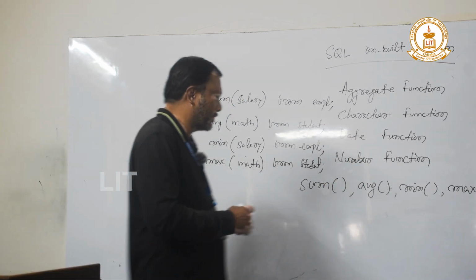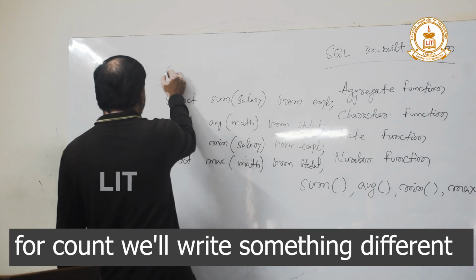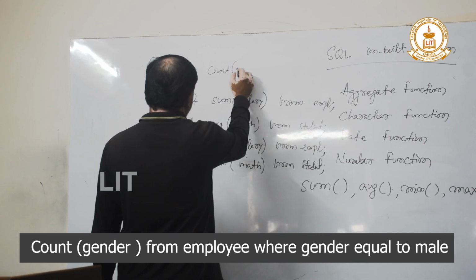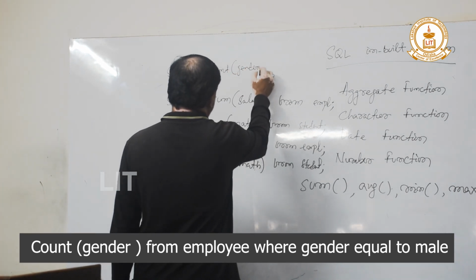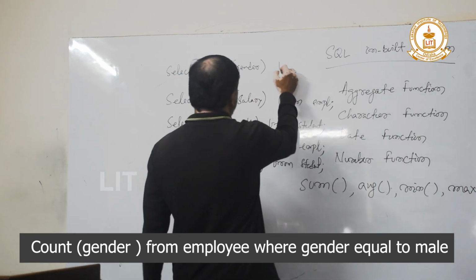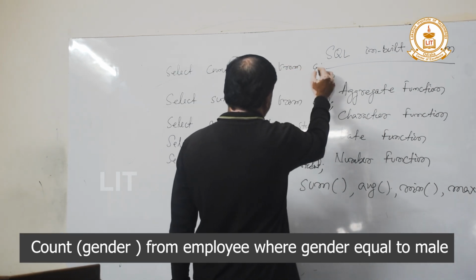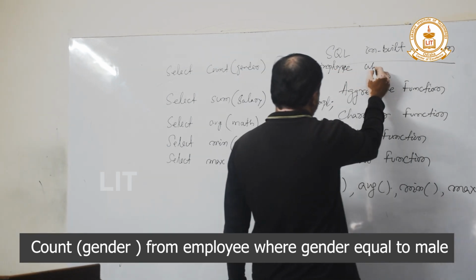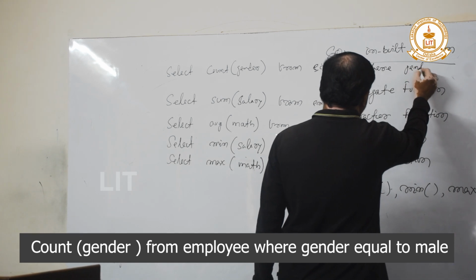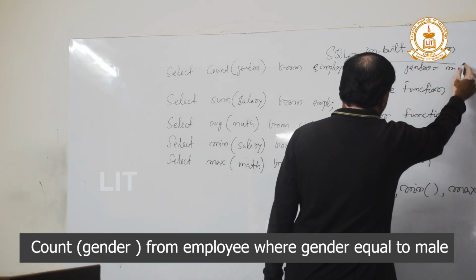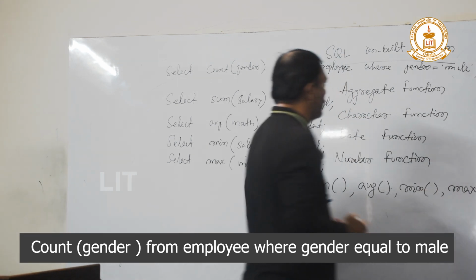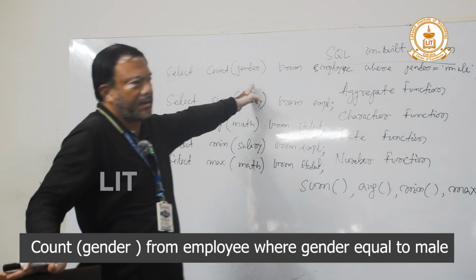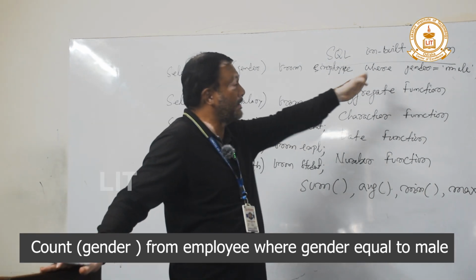Next, the last, count. For count, we'll write something different. Let's write select count of gender, I'm writing something different, count of gender from employee where gender equal to male. Right, I am giving the explanation. Select count of gender from employee where gender equal to male.